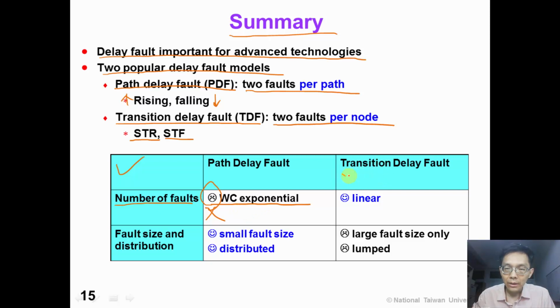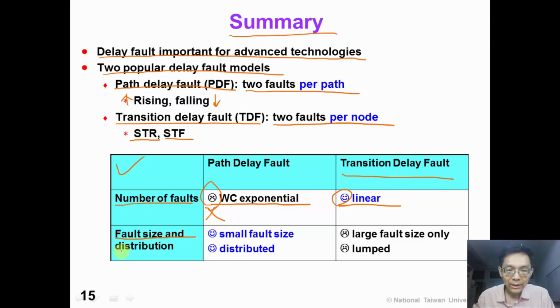On the other hand, transition delay fault assumes that there are only 2 faults for each node, so the number of transition delay faults is linear to the number of gates, which is very good news because we don't have to worry about an exponential number of faults.